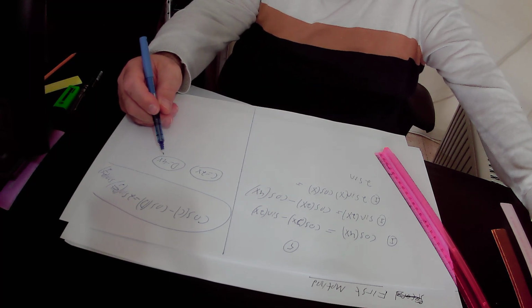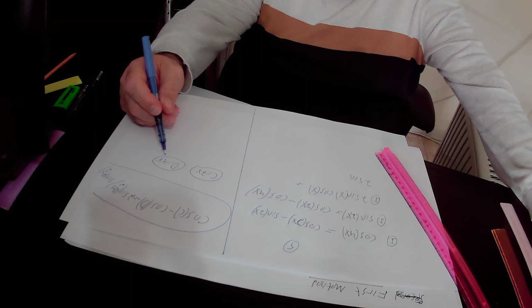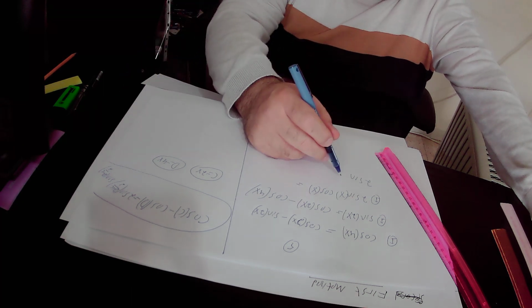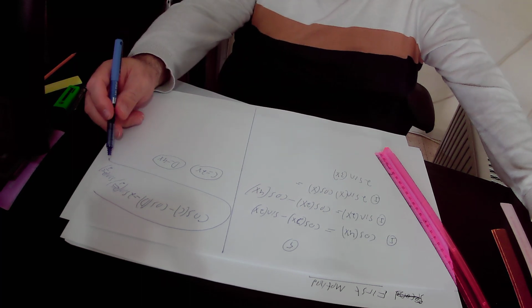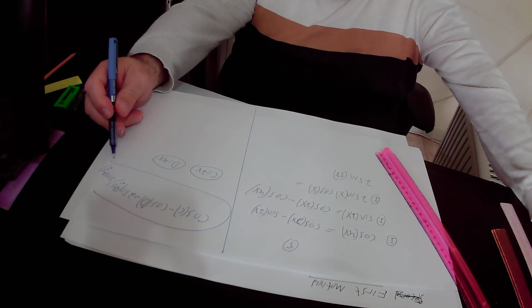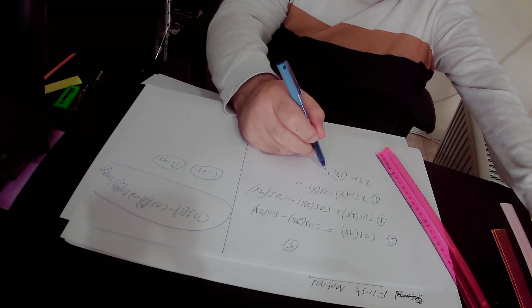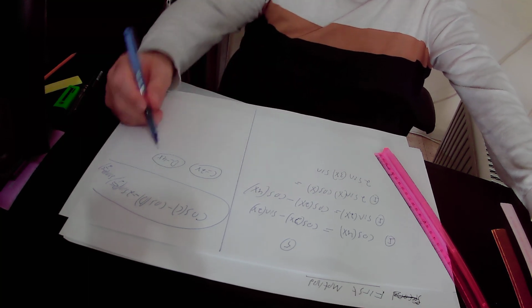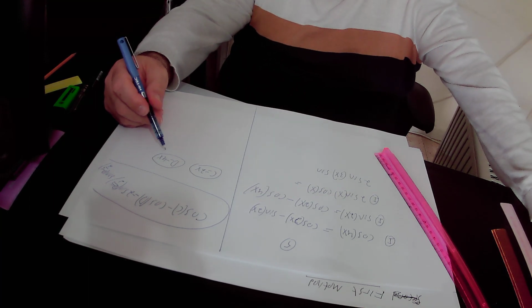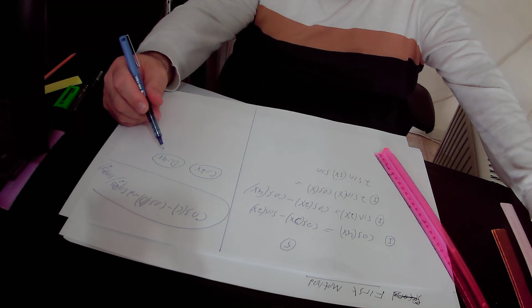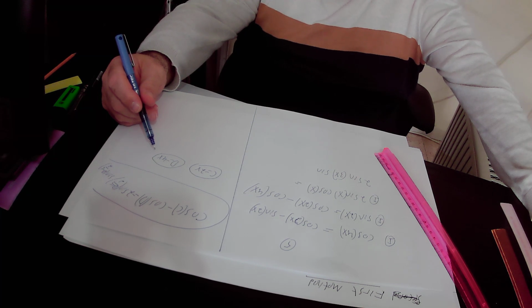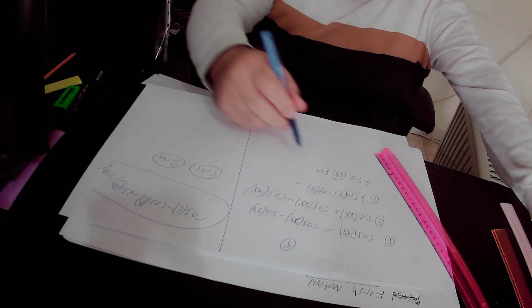D is 4x and C is 2x, so 4x plus 2x is 6x, and 6x over 2 is 3x, times sine of (D minus C) over 2. 4x minus 2x is 2x, and 2x over 2 is x.